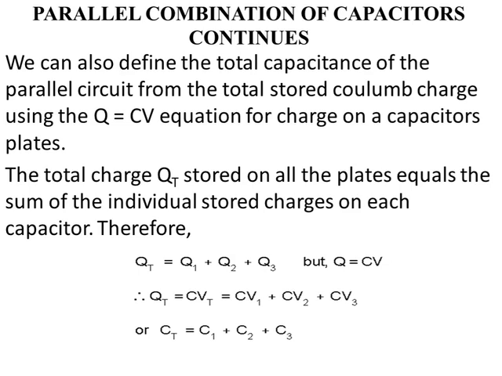So if you are trying to get your total capacitance from your charge, remember that our charge is CV. Maybe you're having 4 capacitors now, just like the previous circuit diagram I showed you. You're having C1, C2, C3, C4.